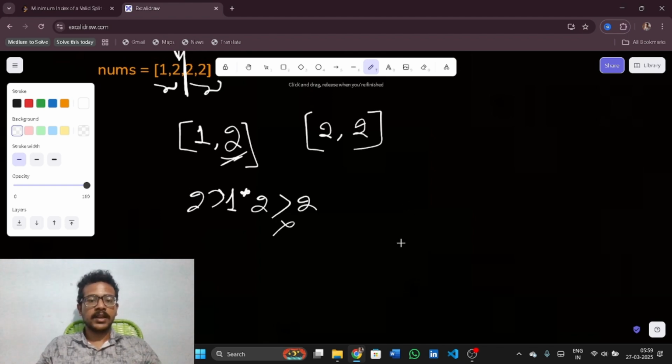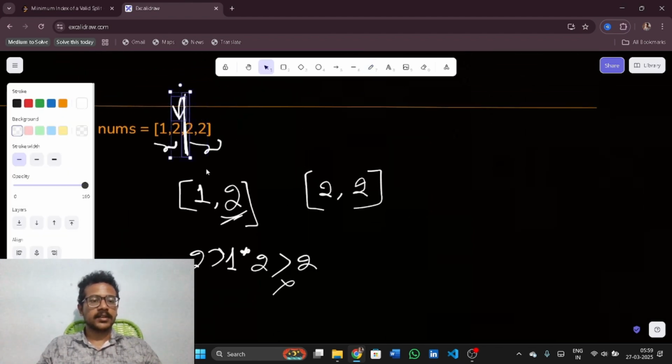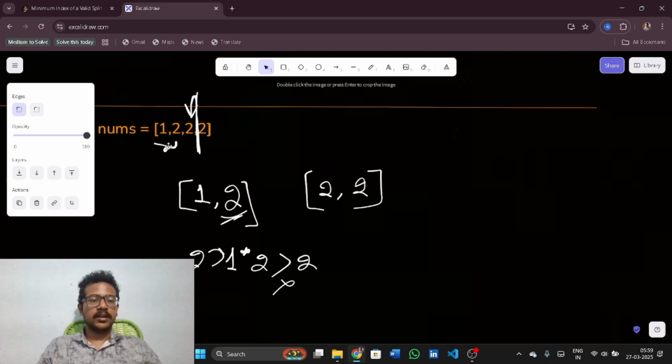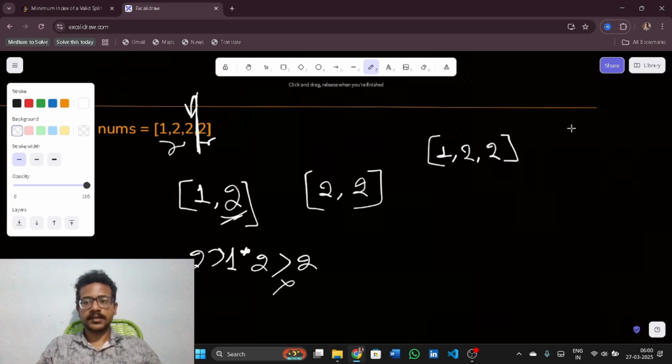Now let me take another split at this index. Let us see whether there are any valid dominant elements. Here this is one subarray and this is another subarray. Let me write those subarrays: 1, 2, 2.